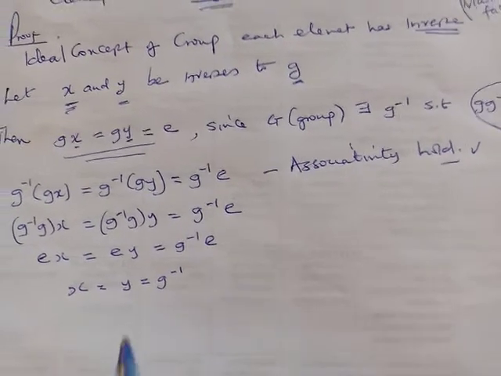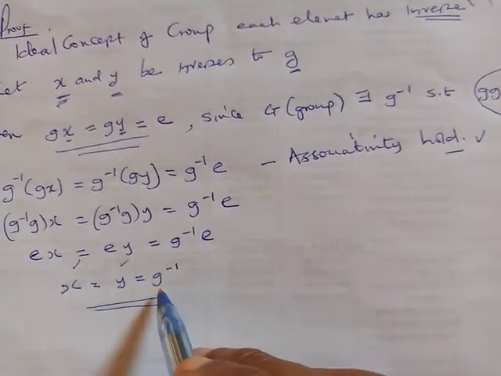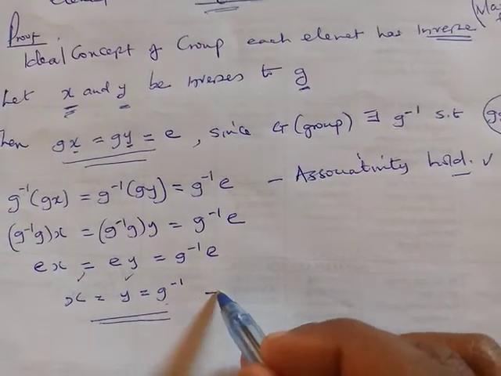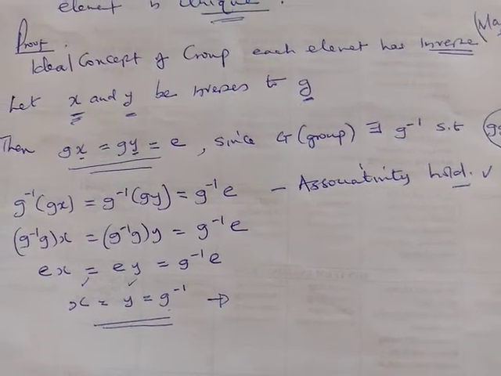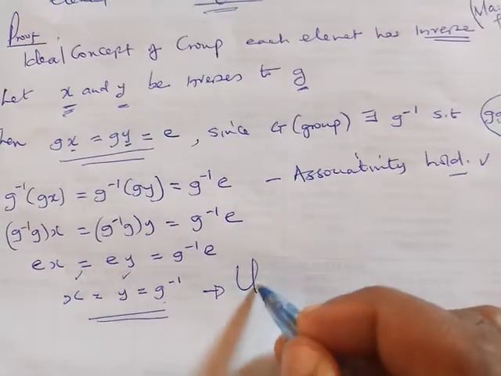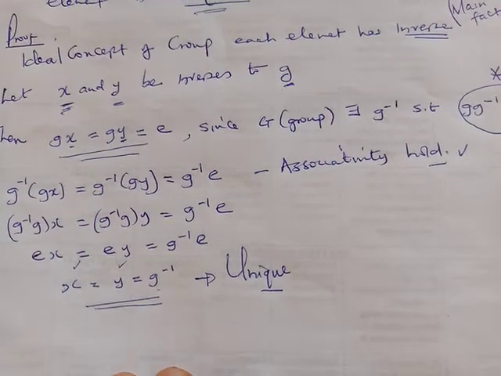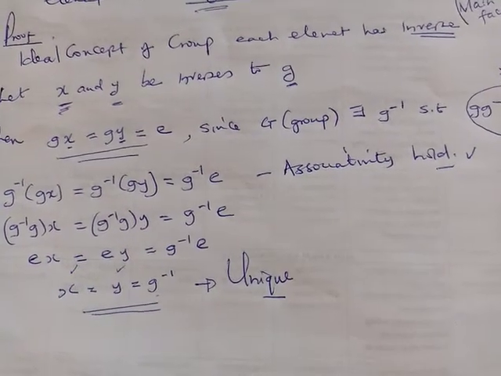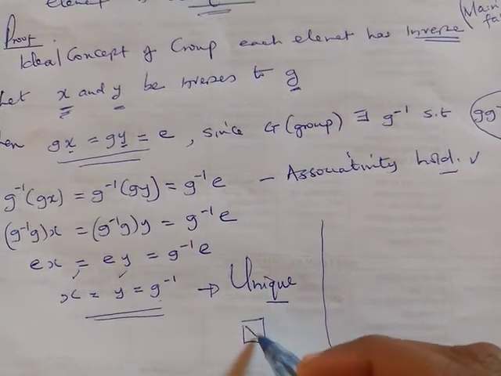By this, if X and Y are inverses, it means there does not exist any other inverse, and these inverses are actually unique. So the inverse of an element in a given group is unique. And that marks the end of the proof.